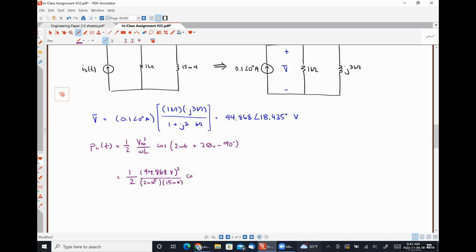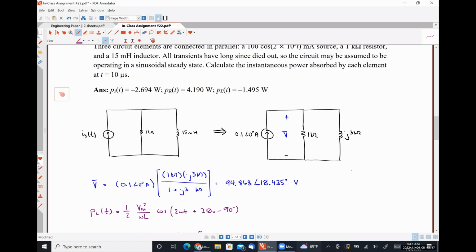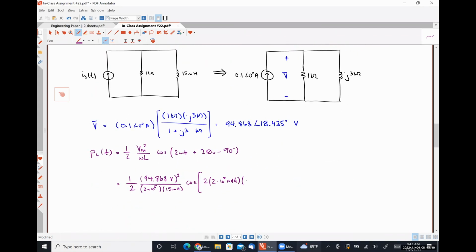And then we're going to have cosine of 2 times 2 times 10 to the 5 radians per second. We're trying to find it at a specific time, which is 10 microseconds. So that is 1 times 10 to the minus 5 seconds.